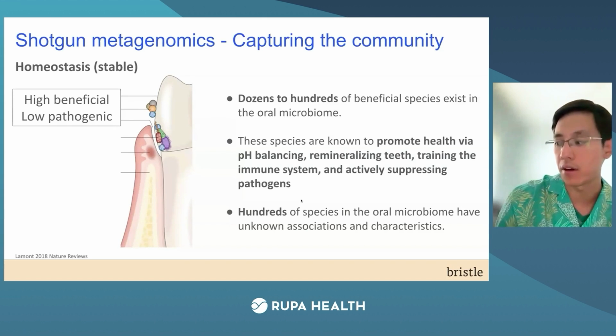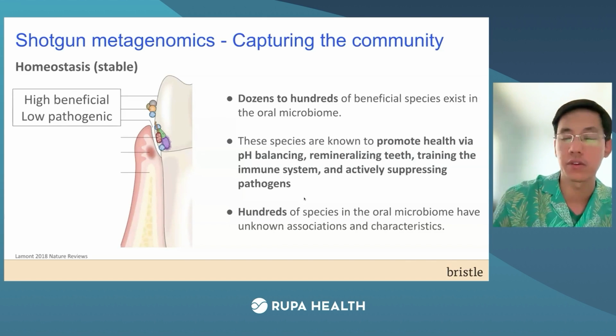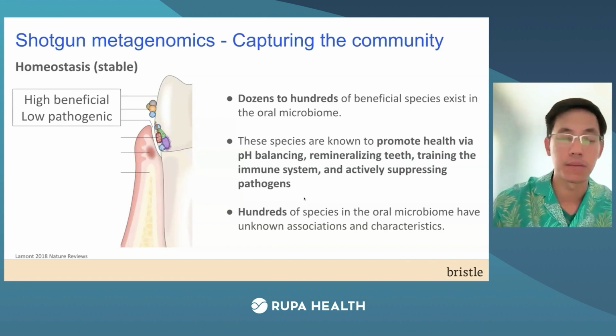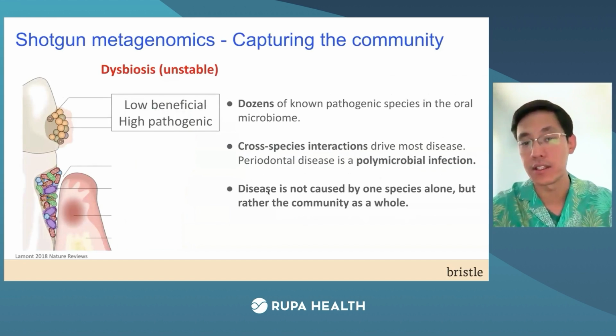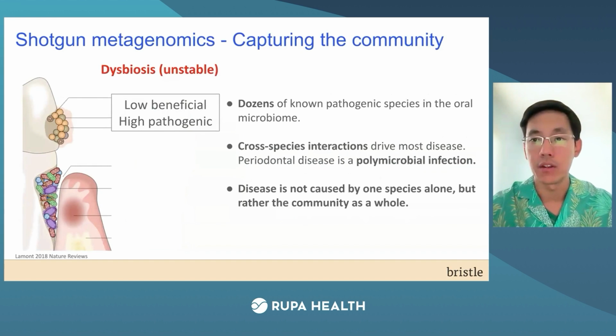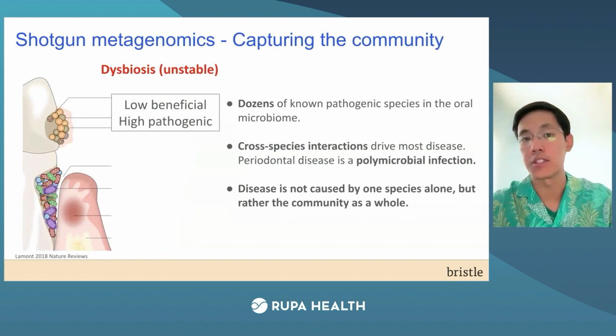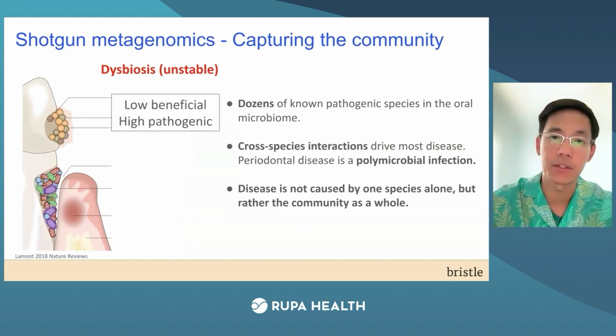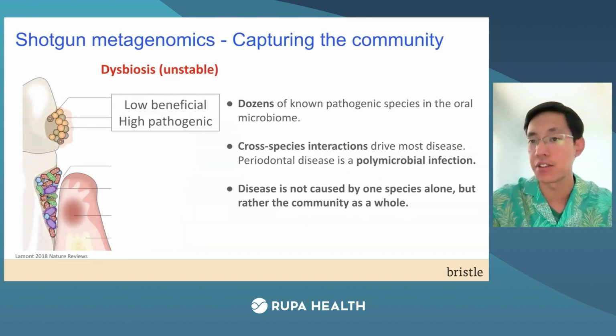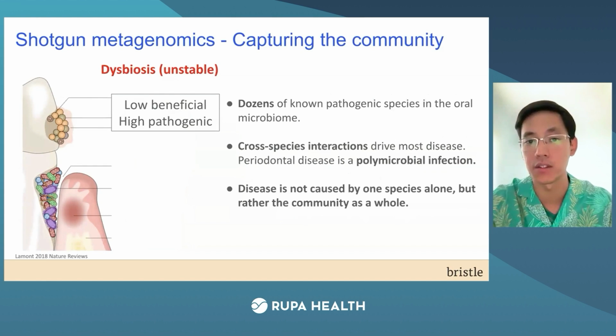But we do know that there are core species that are essential for the oral microbiome to be in homeostasis. And of course, in dysbiosis, it's very similar, where you need to look at the community as a whole in order to understand the trajectory of a disease or the health of the community. So there are dozens of pathogenic species. It's not just five that are more infectious than others. It's really the community as a whole.